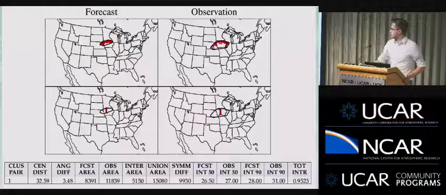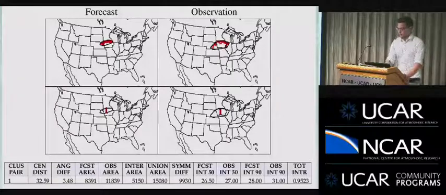So I've done that for this case, and I defined an interest function based on the centroid distance, the angle difference, the area difference, as well as the boundary difference. And it calculates an interest score for you, which is down there in the bottom right. So for this case, the interest was 0.9523, which is a pretty good score. So it means that in all likelihood, these are the same object in the forecast and the observation.